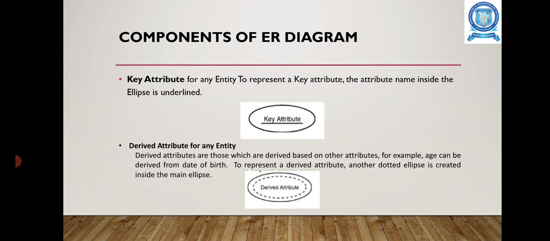For example, age can be derived from the date of birth. This type of attribute is represented by using the ellipse with a dotted ellipse within the main ellipse.